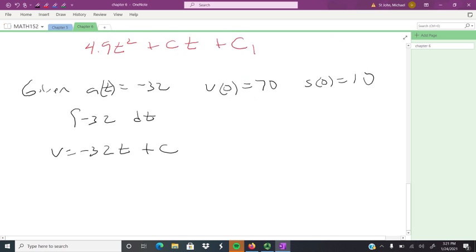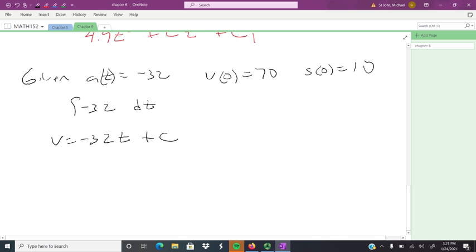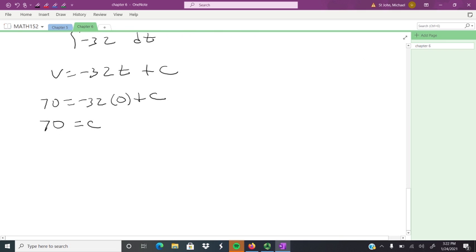Right? But we now know when t is 0, the velocity is 70, so we can plug that in. So 70 equals minus 32 times 0 plus c. So c is 70. Okay. So my velocity is minus 32t plus 70.